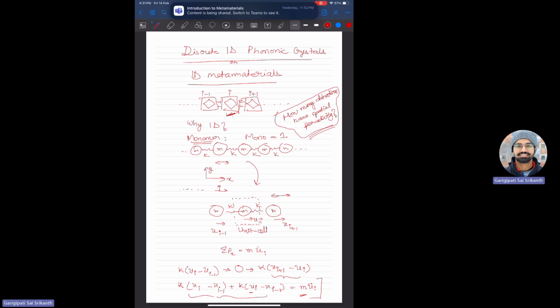The spring on the right applies this force, the spring on the left applies this force. It's based on the displacement of the adjacent degrees of freedom. And then here we have written net force is equal to mass into acceleration. So this is the equation of motion.